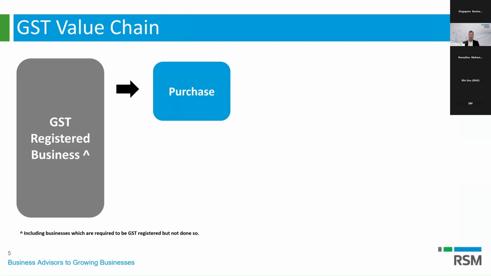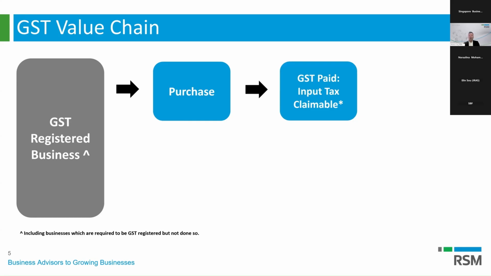Since we are in a business and we are GST registered, there will obviously be costs incurred in the course of furtherance of our business for making of taxable supply and out-of-scope supply. That will be where we would have GST incurred, and input tax will be claimable, subject to also meeting certain conditions. For those of us who are potentially not fully taxable, input tax needs to be apportioned.